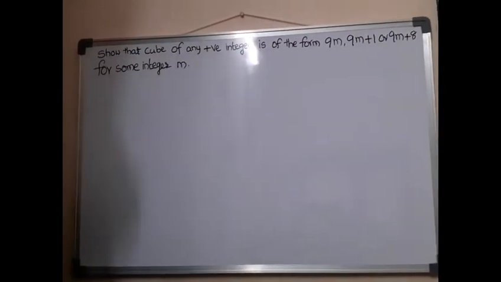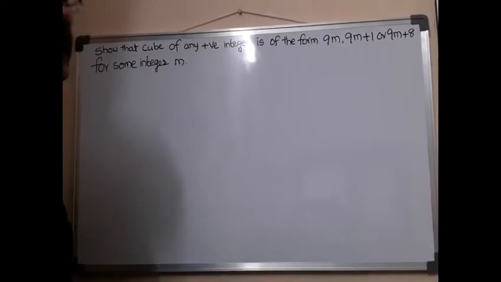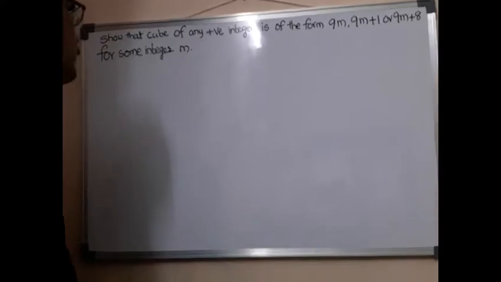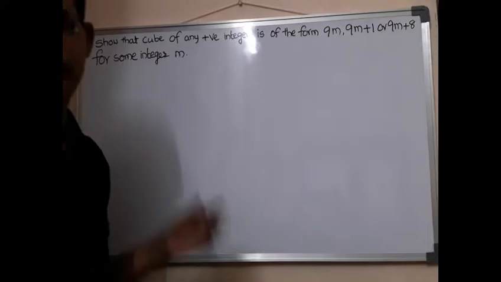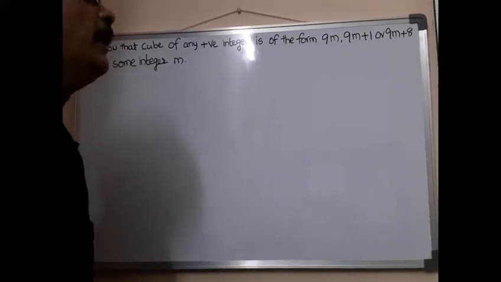Show that the cube of any positive integer is of the form 9m plus 1 or 9m plus 8 for some integer m. Very important problem. Let us solve it using Euclid's division lemma.